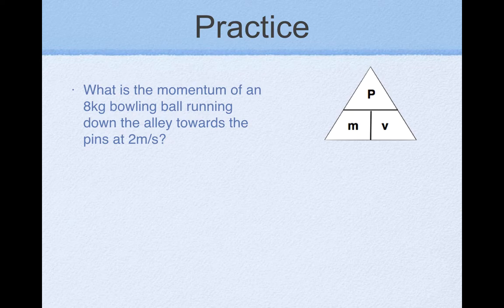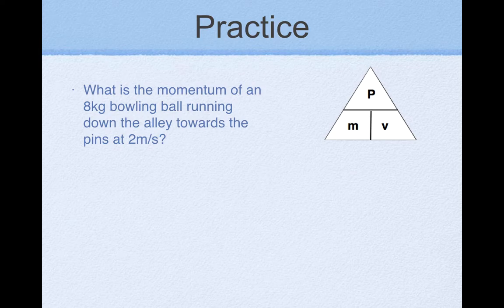So let's do a practice problem together, and then one or two by yourselves. What is the momentum of an 8-kilogram bowling ball running down the alley towards the pins at 2 meters per second?